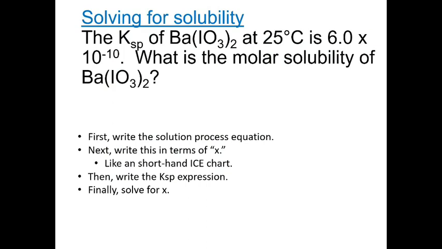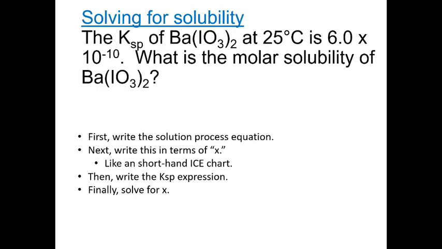All right, let's look at one where we're going the other direction. This one says the KSP for barium iodate, it's a polyatomic ion. It's good to see what we'll do with the polyatomic ion in the equation. So barium iodate at 25 degrees Celsius is 6 times 10 to the negative 10th. What is the molar solubility of barium iodate?